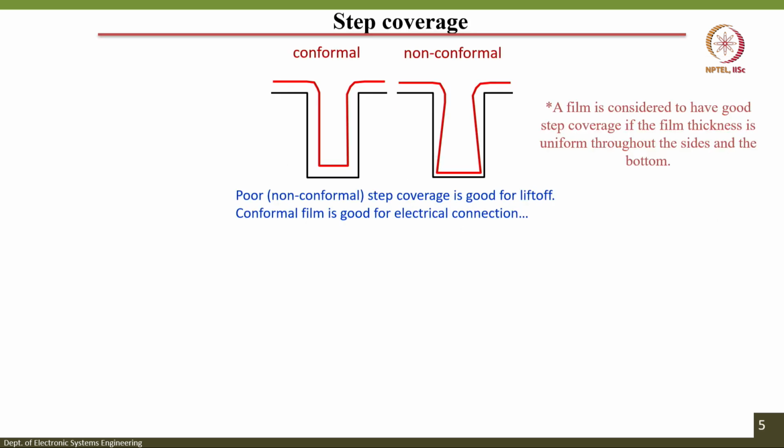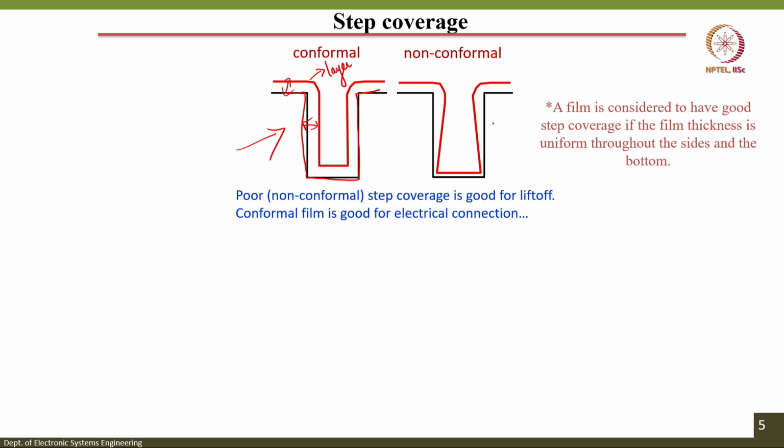The next slide shows an example of a conformal deposition and a non-conformal deposition. The black structure shows the geometry existing on your wafer surface, and the red layer shows the layer deposited above your substrate. Looking at the figure, the first is a conformal deposition because the thickness is the same in the horizontal as well as the vertical dimension.